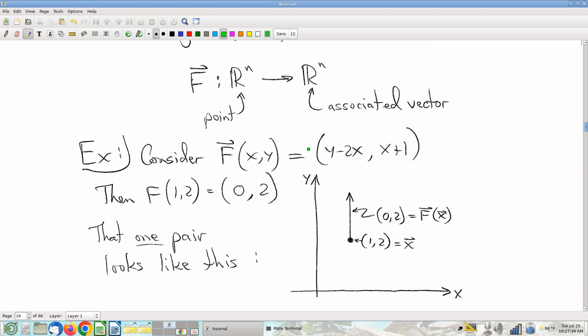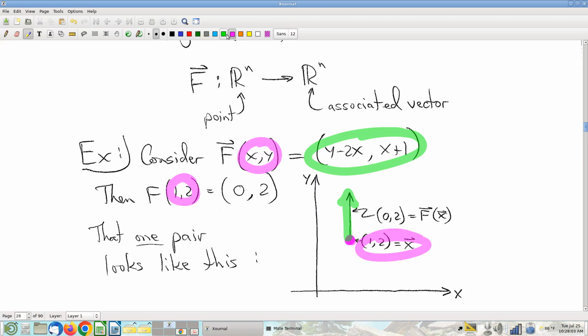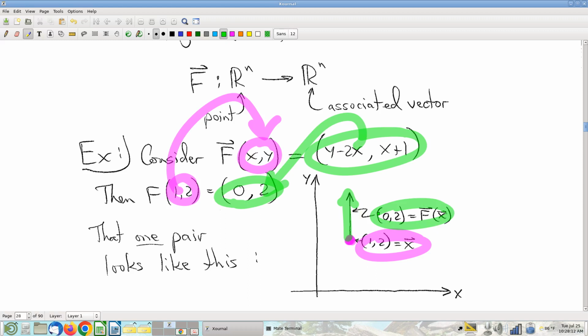Here's a function representing a vector field, and for every point x comma y, here's a formula for what we call the field vector, the vector that we associate to that point. And I've plugged in here a specific point, 1 comma 2. You plug in 1 comma 2 into that formula, out comes 0 comma 2 as my field vector.